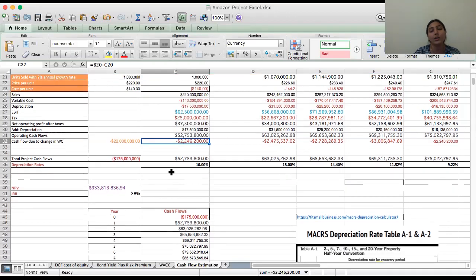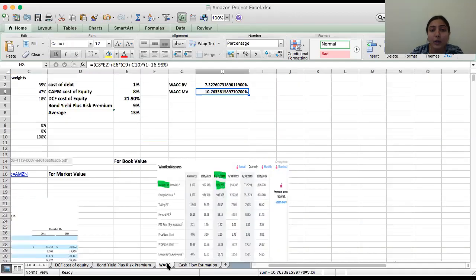And now in order to find the NPV and IRR, I can use my total project cash flows with the NPV and IRR rates. So in order to find my NPV, I used the WACC of the market value rate, which is this one, 10.76338%.